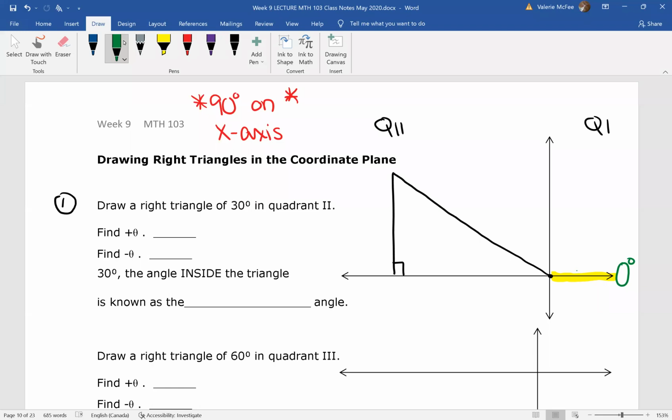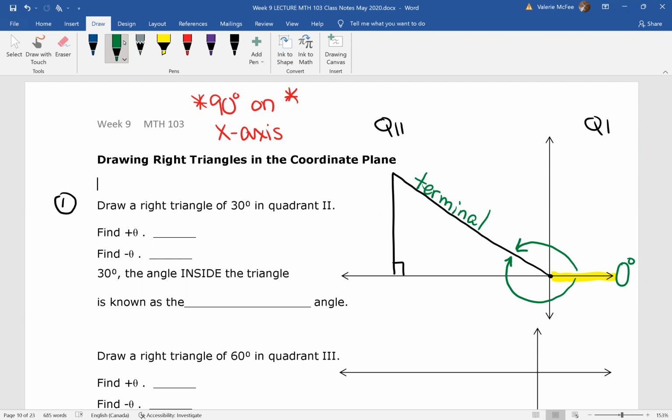Positive theta moves in this direction. Negative theta in the other direction. Both of them stop on the terminal side. Notice that the terminal side is the hypotenuse or the radius of our triangle.